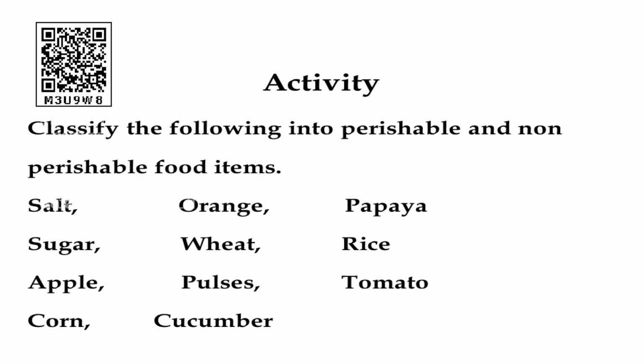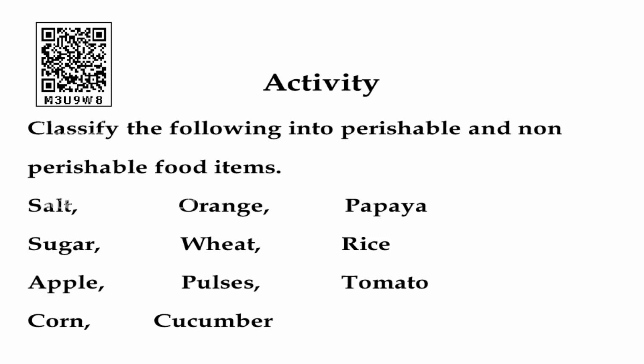Now, is salt a perishable one? No. Yes, it's a non-perishable food. And what about orange? As I said already, fruits are perishable items. So here orange, papaya, apple are perishable foods. What about sugar, wheat, rice, pulses? They are non-perishable.